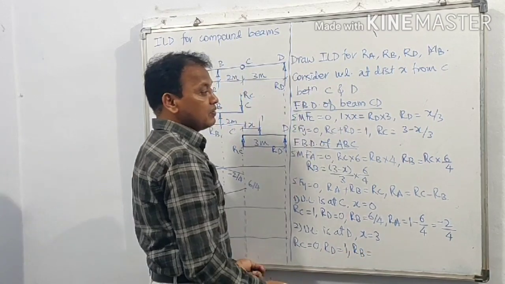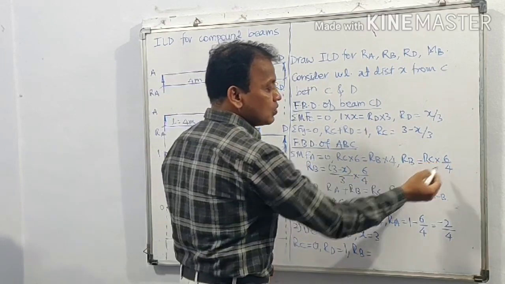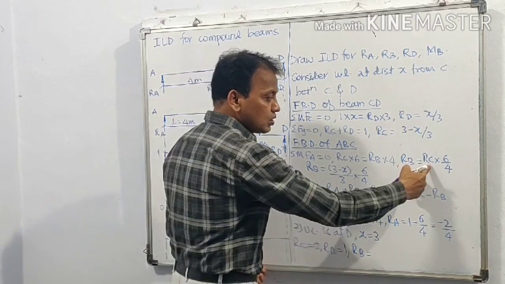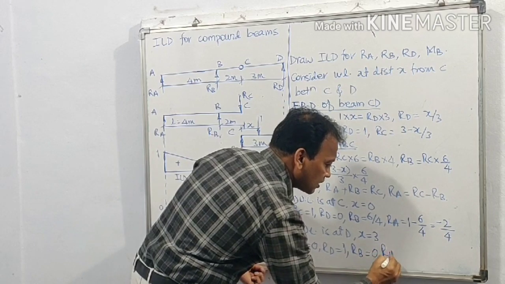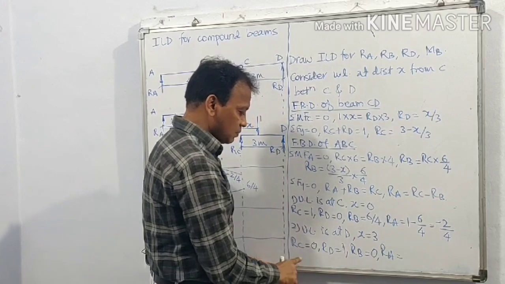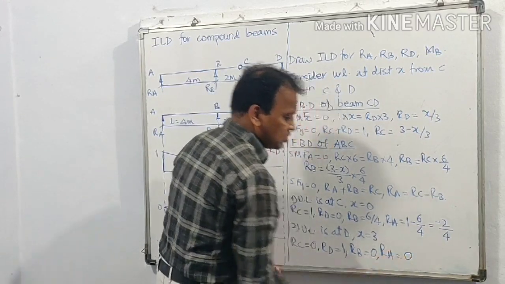RB is equal to RC into 6 upon 4. RC is equal to 0, therefore RB is equal to 0. And RA is equal to RC minus RB, which is 0.